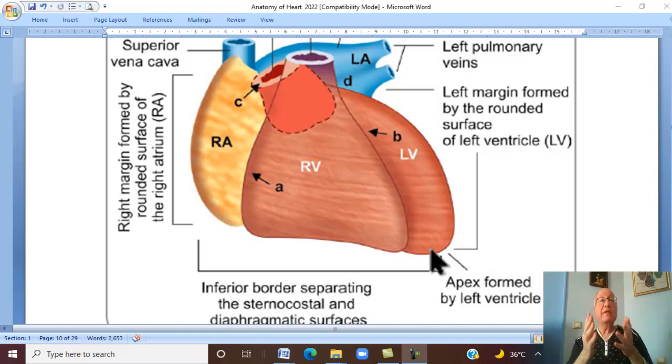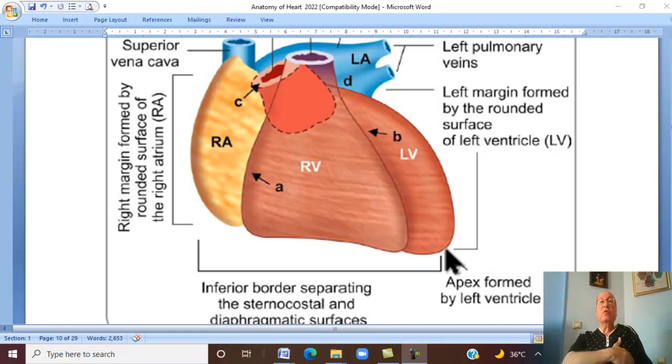What is the surface anatomy of the apex of the heart, which is very important to examine the heart? During examination of the heart, the doctor puts his hand to feel the apex of the heart. Where? On the left side of the middle line or on the right side of the middle line? We said before that two-thirds of the heart is towards the left side.